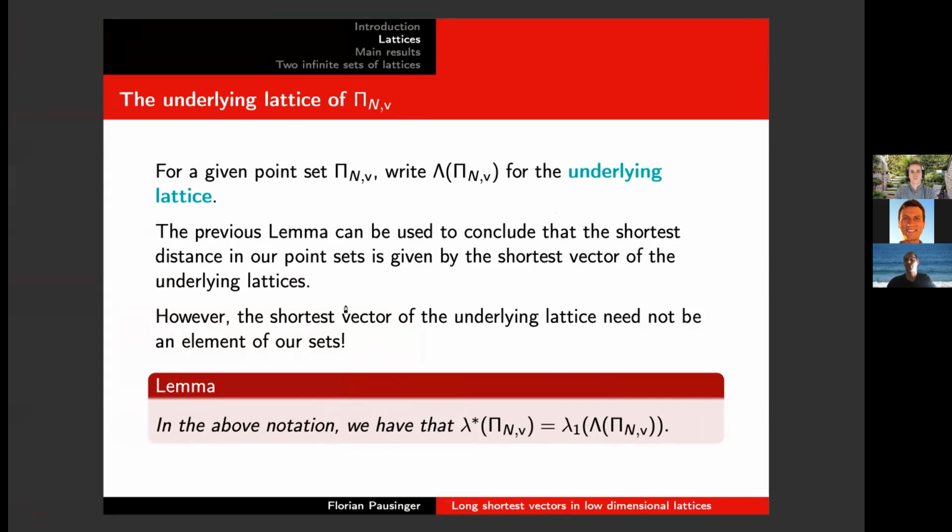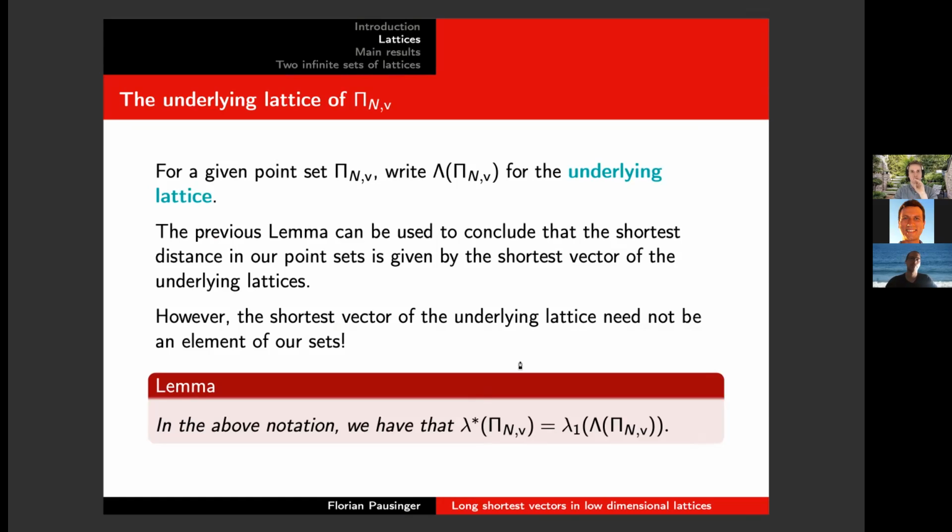And the second important observation now is that for a given point set, we can write lambda of the point set for the underlying lattice, and it turns out, also not surprisingly, but a bit trickier to prove actually, that the shortest distance in our point set is exactly given by the shortest vector of the underlying lattice. So when I'm interested in my point sets, and in shortest distances of my point sets, what I really have to look at are the shortest vectors in the underlying lattices.